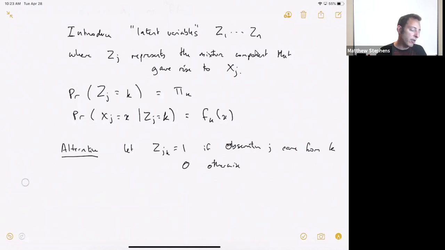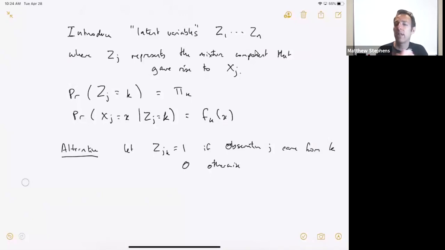So instead of introducing a Zj that takes values in 1 to K, you introduce a binary indicator vector Zj, which has a 1 indicating the component that the observation came from. So obviously Zjk equals 1 here is exactly equivalent to Zj equals k in the other notation.